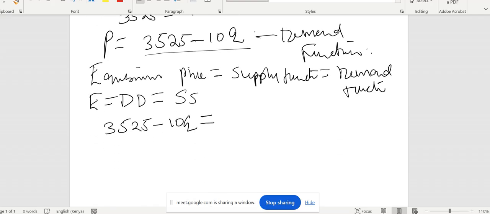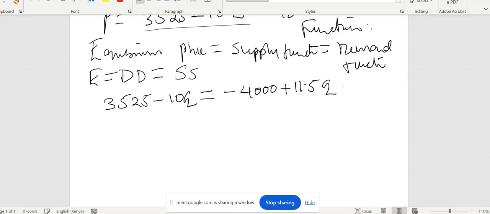Is it negative 4,000? Yes. Negative 4,000 plus 11.5Q. So find Q. Q becomes our equilibrium quantity.